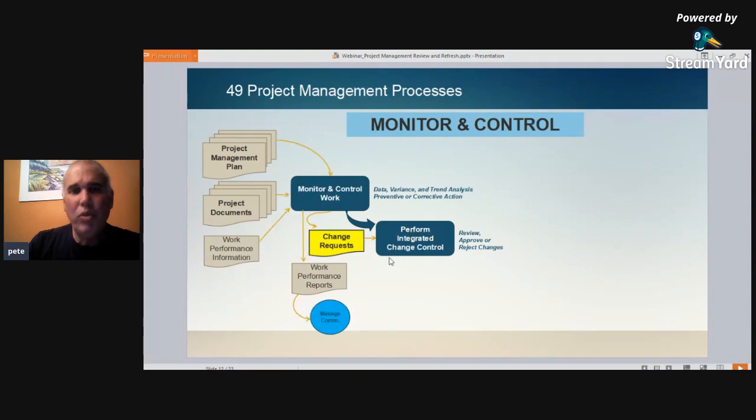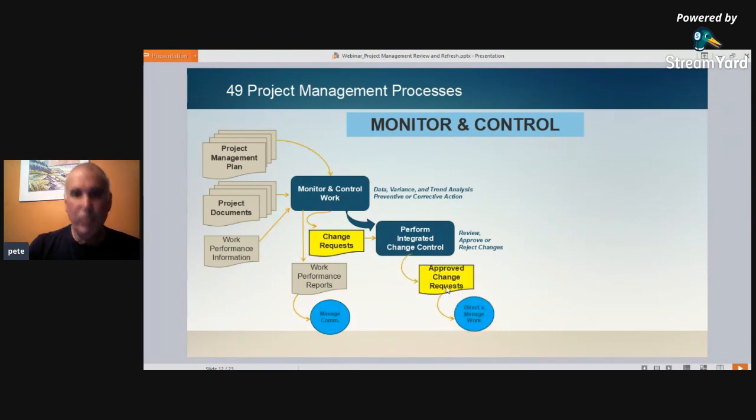We want to make sure that there is discipline so that changes don't just happen haphazardly, that they're controlled. Because changes can affect cost, changes can impact your schedule, changes can impact the scope and quality of the work being performed. We want to make sure that the people that have a stake in the project that you're managing are engaged to appropriately review or reject it.